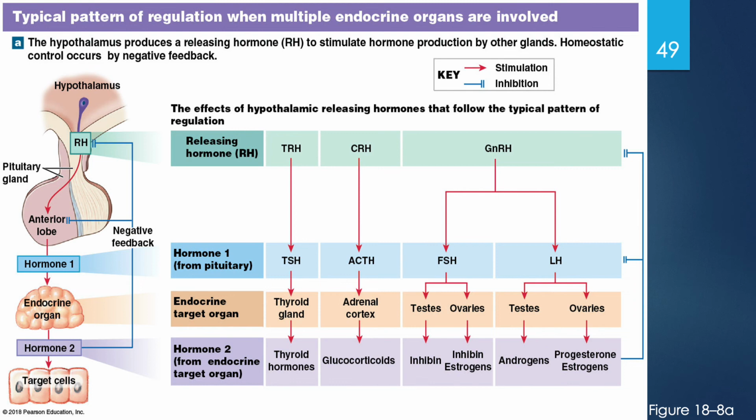So FSH affecting testes will produce inhibin, whereas FSH affecting ovaries in a female will produce inhibin and also the production of estrogens. LH will also be produced by gonadotropin-releasing hormone, and it will affect testes or ovaries differentially as well.